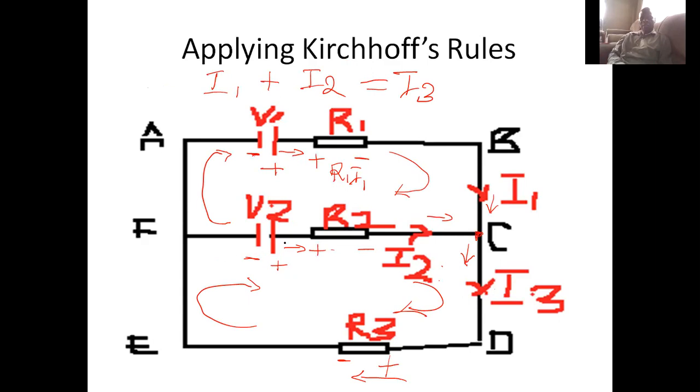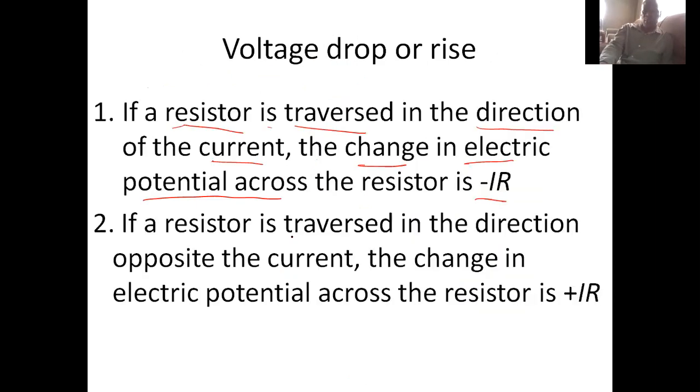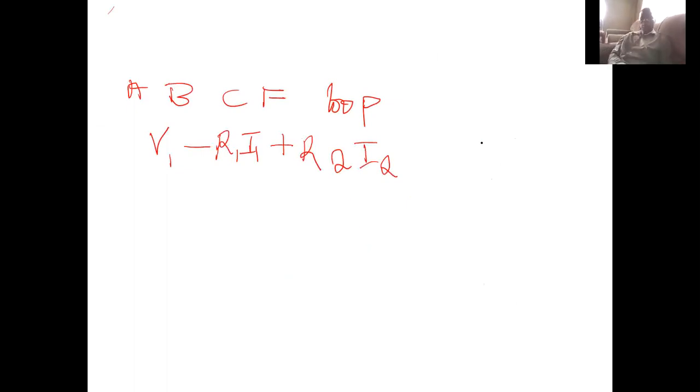So this will be minus V2. So we are going to have minus V2. And all these should give us actually 0. So that is for loop number 1, which we said loop ABCF.